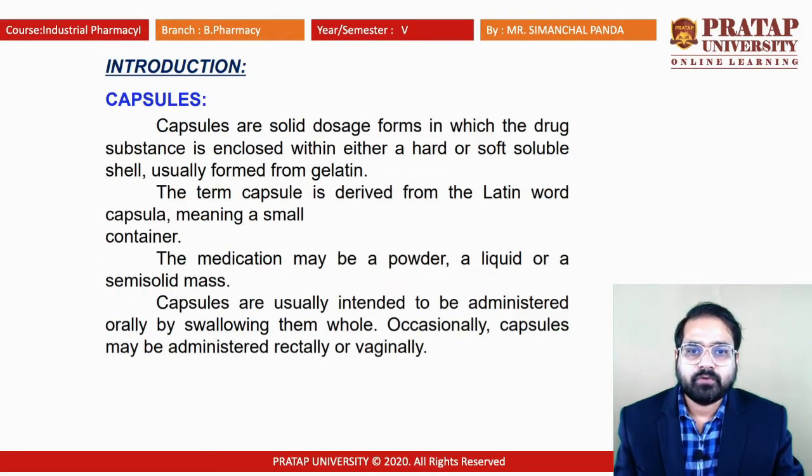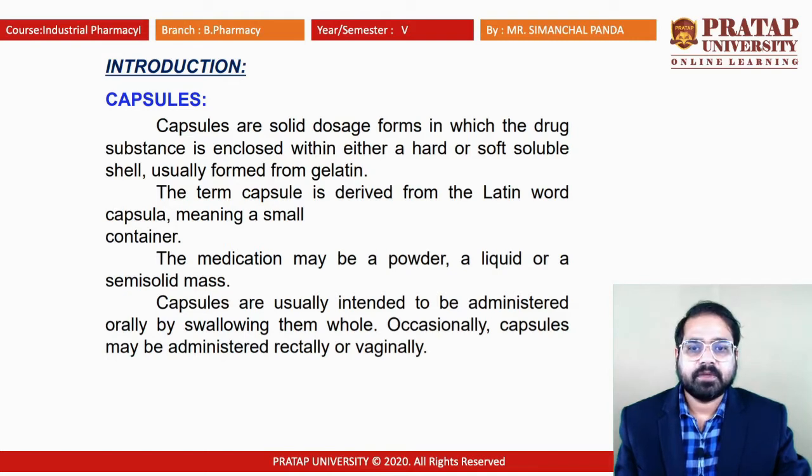Before that, we should know where the word capsule has been derived from. The term capsule is derived from the Latin word capsula, meaning a small container. Capsules are solid dosage forms in which the drug substance is enclosed within either a hard or soft soluble shell, usually formed from gelatin.